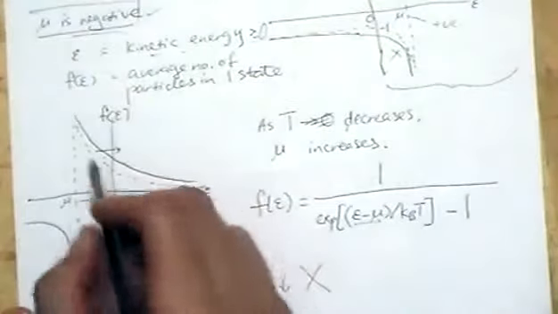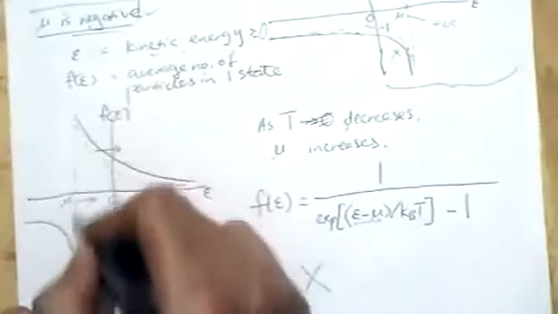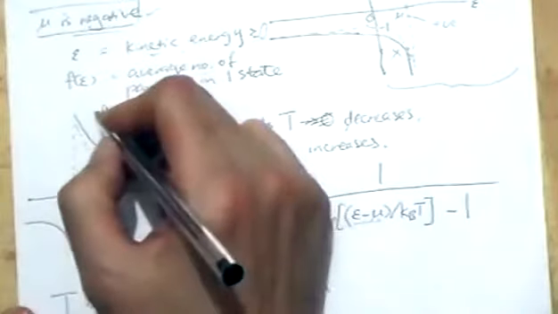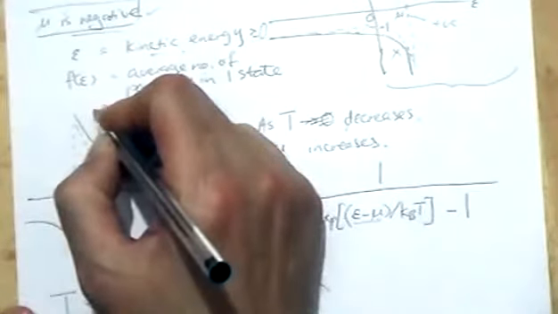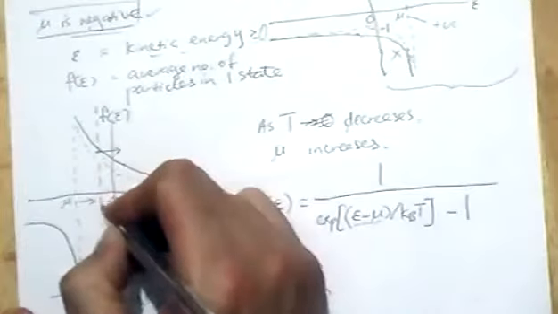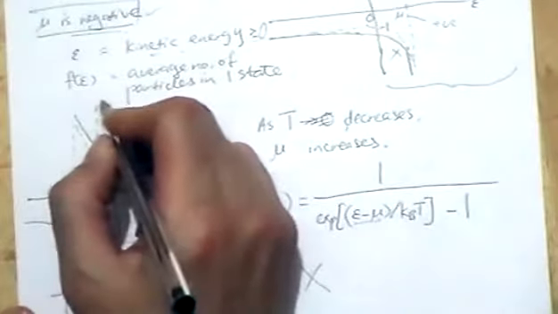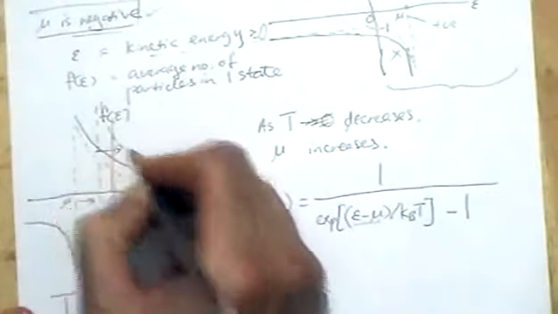So let me try and draw this over. If mu moves to the right, this whole curve would move so that mu comes over here, for example, and this curve might come over here.